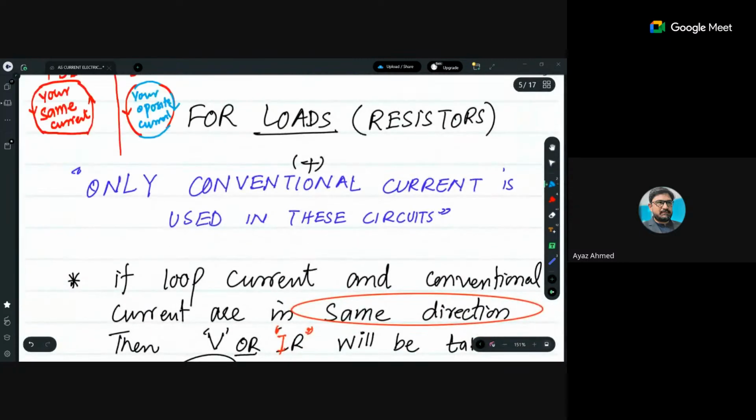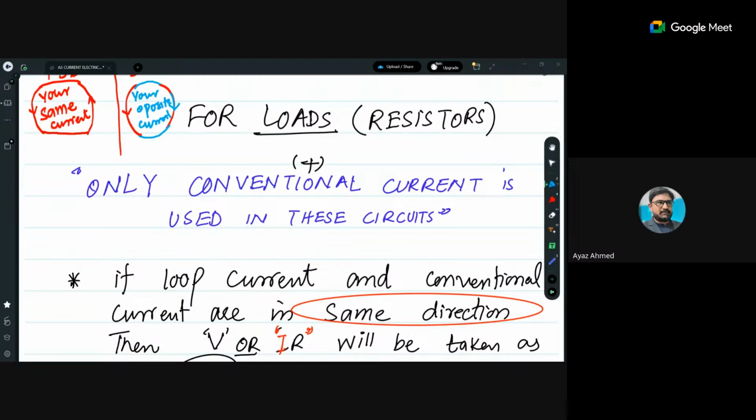Okay, good. Now there is a rule for loads, and the rule for the loads again has just two considerations: when the potential difference across the loads will be positive, and when will it be negative. That's it. It is a simple game.